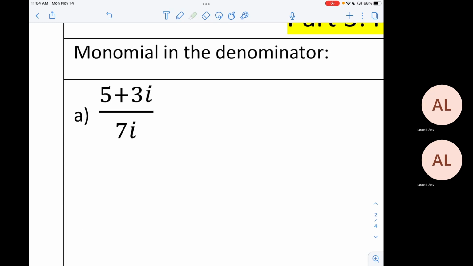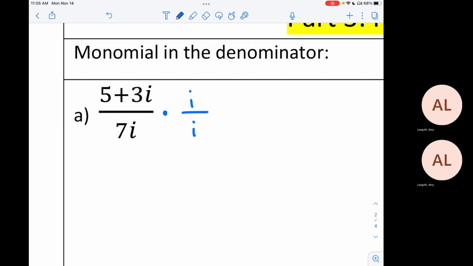I want you to read this word, monomial. You see this circle, the bottom green circle? That is a monomial. There's no adding and subtracting. They're making a big deal about it because you handle monomials differently than binomials. If it's a monomial, you multiply top and bottom by i.